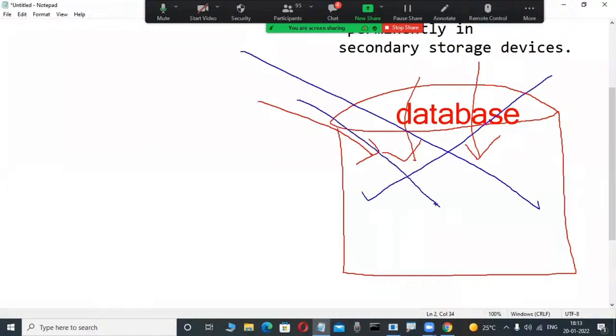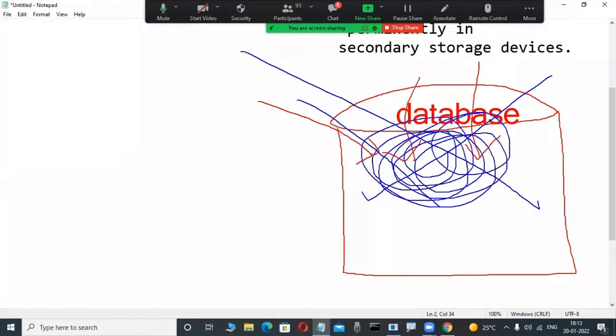Actually, Oracle, SQL Server, DB2, Sybase, Informix, Ingres, Teradata, these types of databases do not store a random collection of data. These databases only store a structured collection of data. That is important.